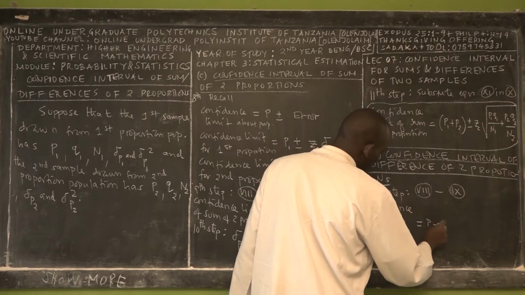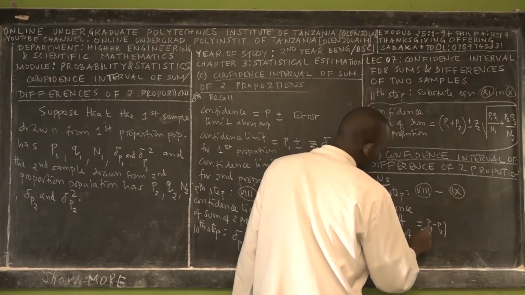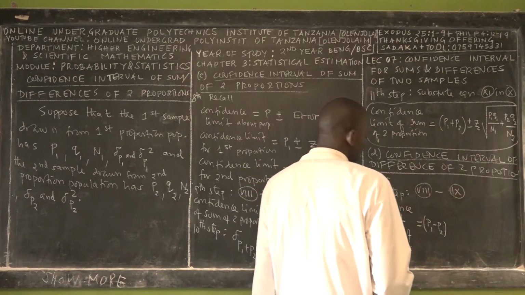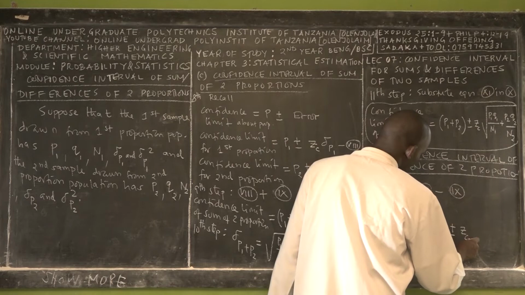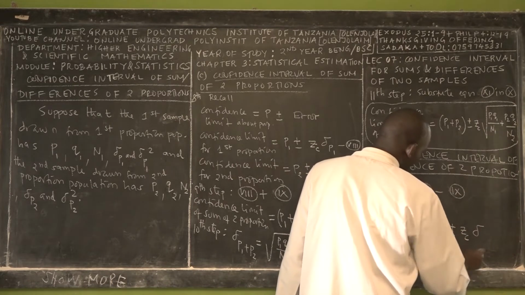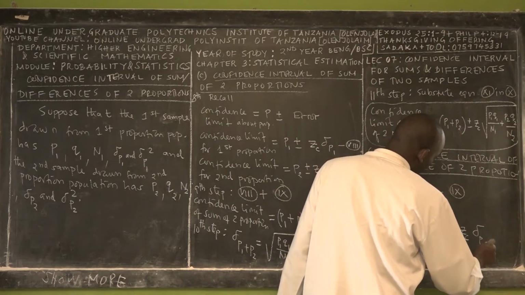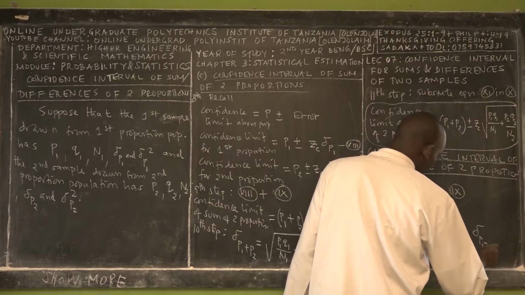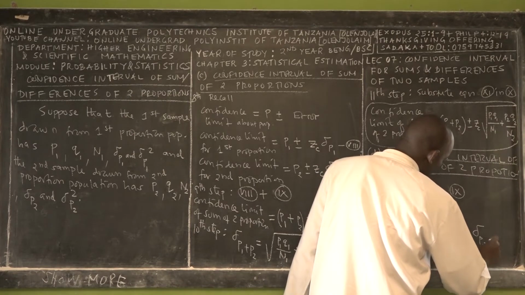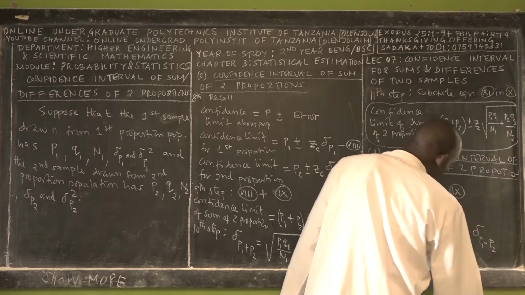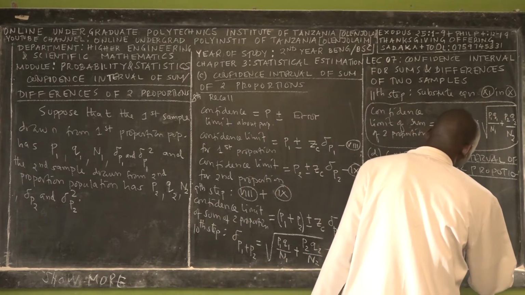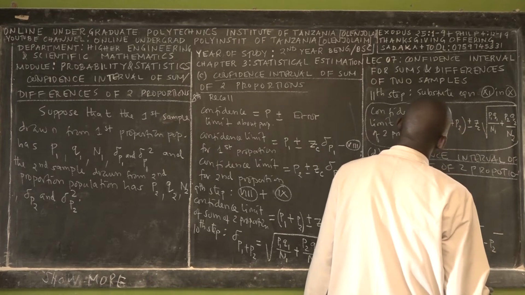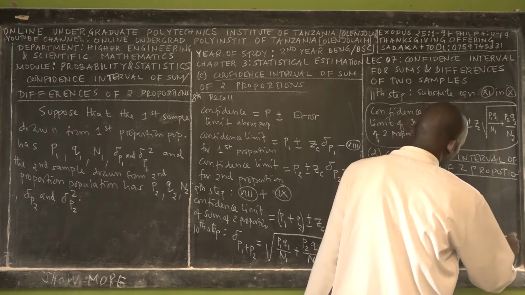Probability of success 1 minus probability of success 2 plus or minus standardized value C multiplied by standard deviation of proportion 1 minus proportion 2. So this will make out equation 12.